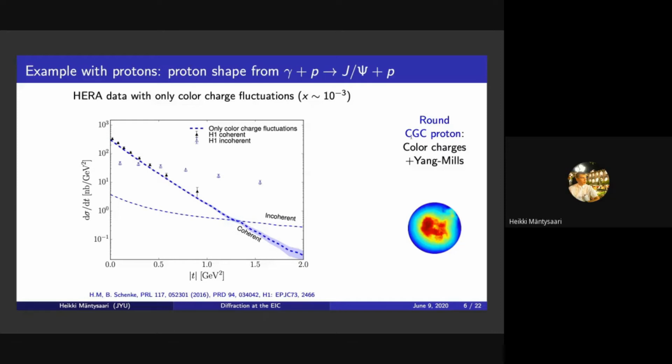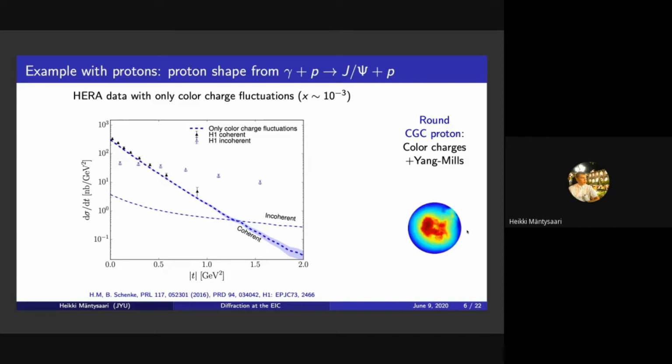So what we first did is that we say that protons are spherical, just some Gaussian density profile, more dense at the center, then getting more dilute. Then we sample random color charges and solve the Yang-Mills equations to obtain the dipole scattering amplitude that I denote by N in this talk.